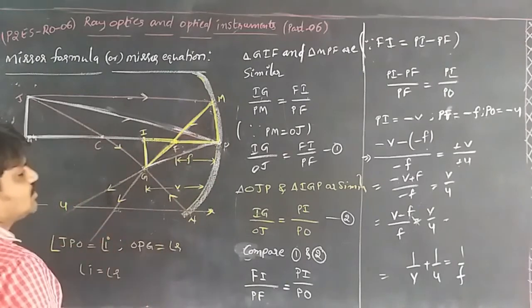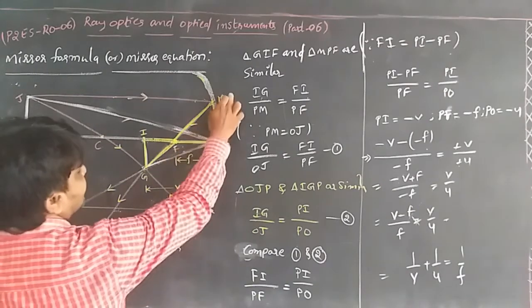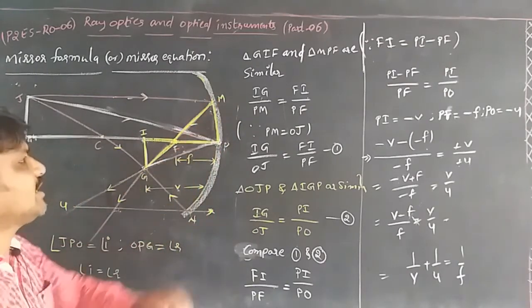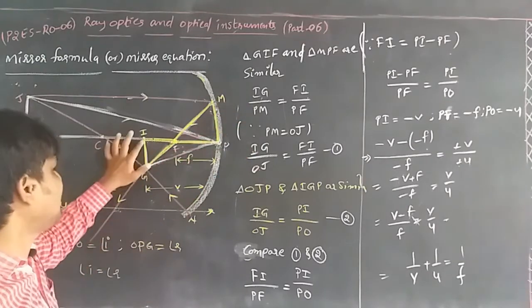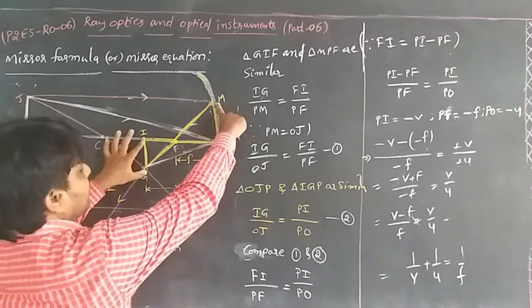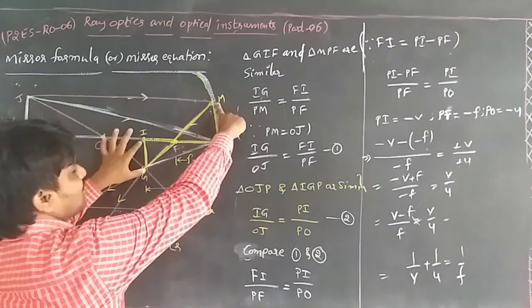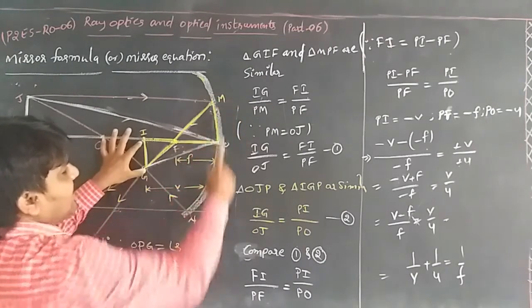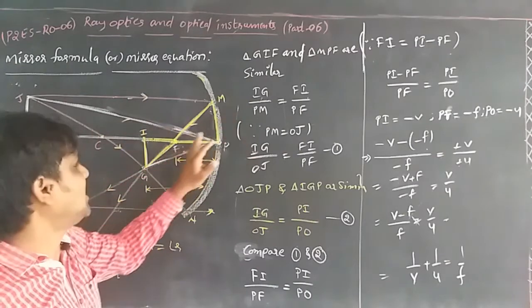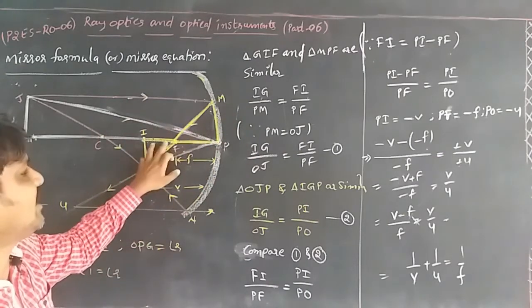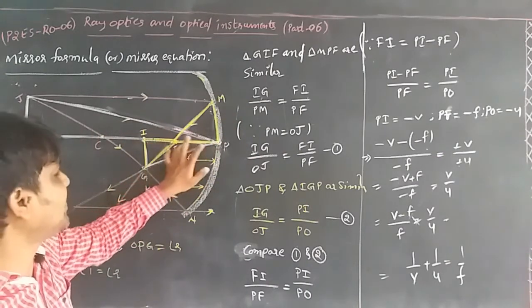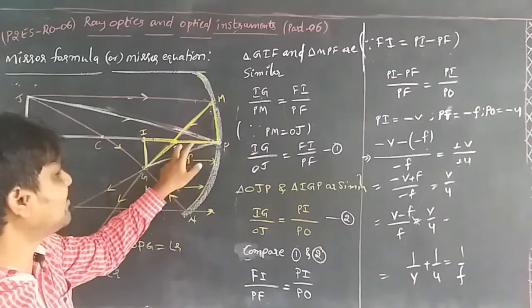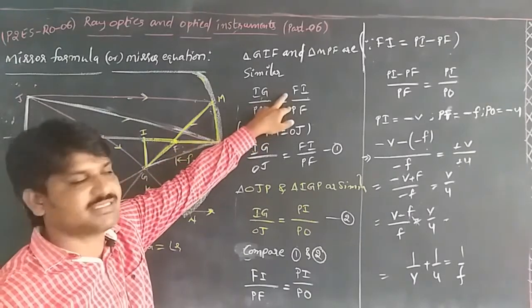Taking them from the similar triangles combination, we can get IG by PM, the image opposite side by the object opposite side, and the same thing for the adjacent sides: FI by PF.